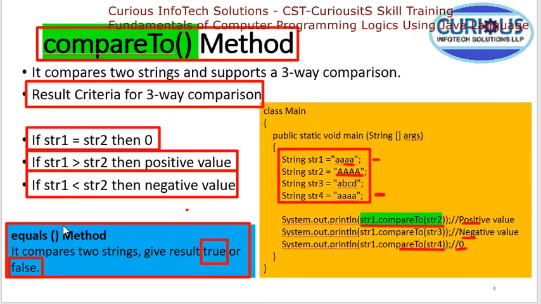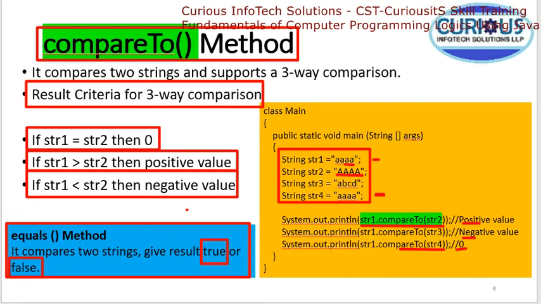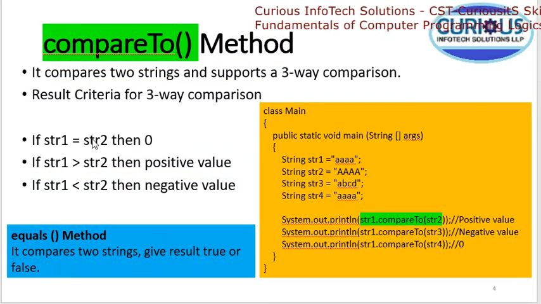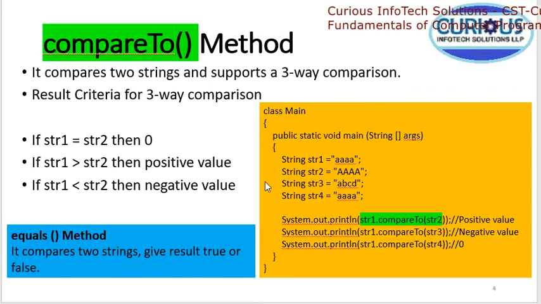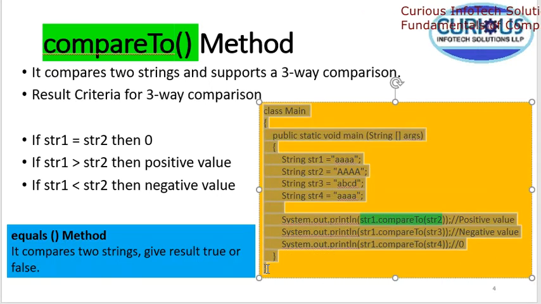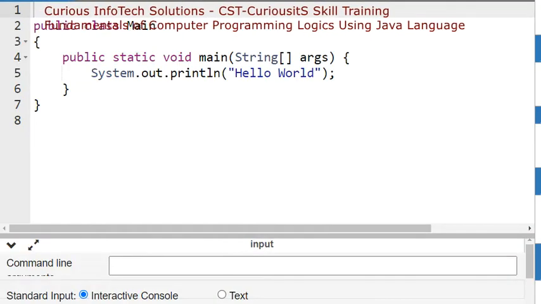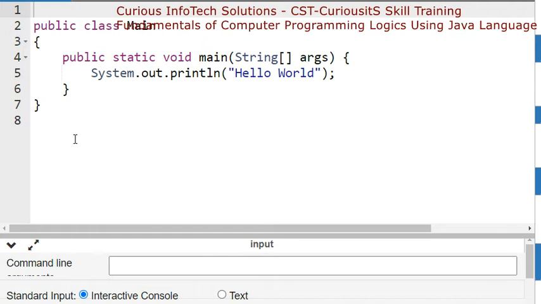Okay, now I will also run this program so that you will easily understand how it is functioning. I will copy this program as it is, paste it here, and run it in this fashion.